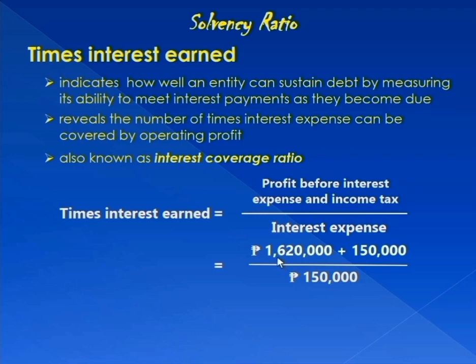That's why 1,620,000 net income plus 0 income tax, then plus 150,000 interest expense equals 1,770,000. Then to get the times interest earned ratio, we have to divide it by the interest expense of 150,000.